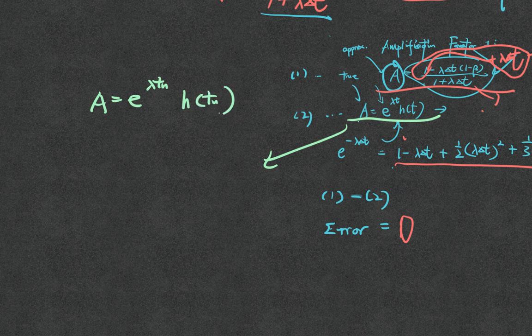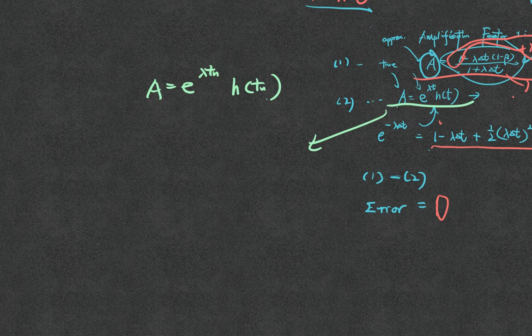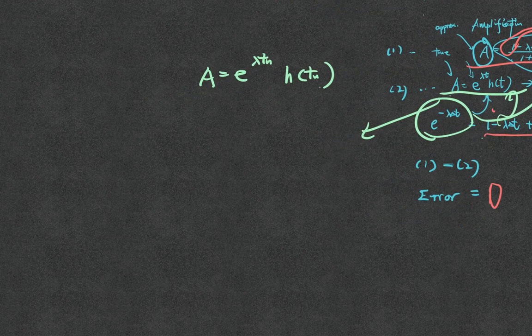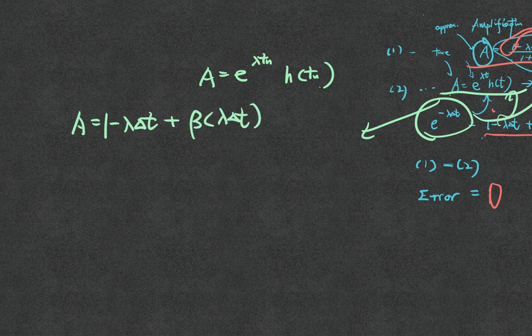And if we work out the algebra on the e^(-delta T), substitute it back into the analytical A factor, then what we will get is the following. We will get A equals 1 minus delta T plus beta lambda delta T squared plus beta squared lambda delta T cubed, blah, blah, blah.